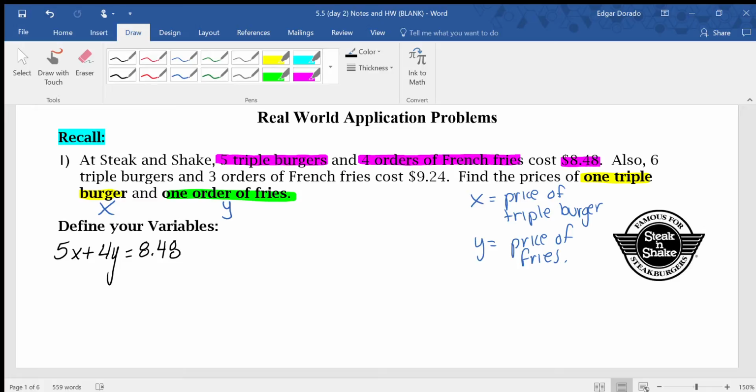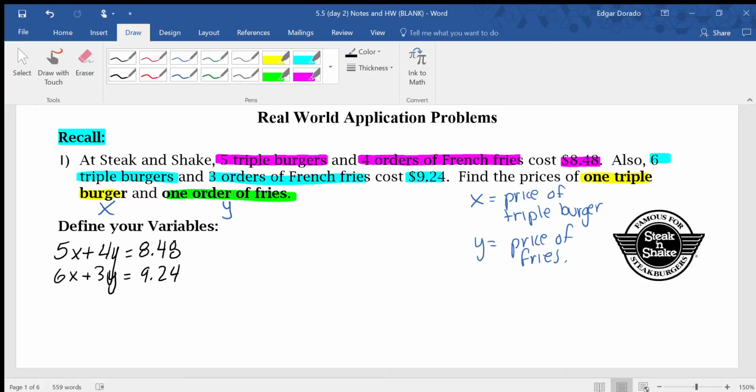Next scenario, 6 triple burgers and 3 fries would cost $9.24. So yet again we have a new equation: 6x plus 3y equals 9.24. Okay, so those are my two equations.